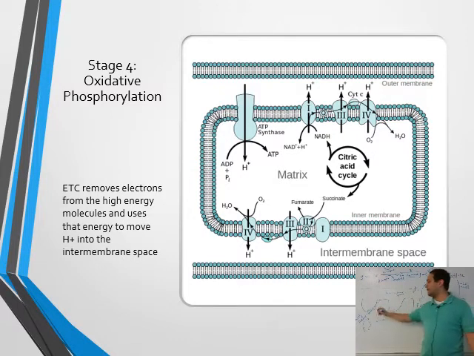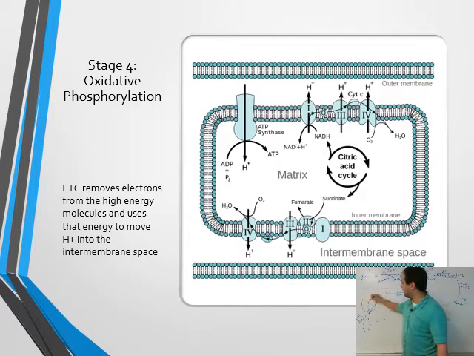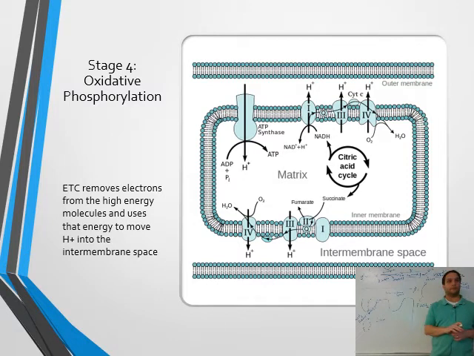The work that that electron does is it pushes hydrogen across that barrier, against the gradient. That's where you're using the energy, because we're going to build a hydrogen gradient over here. Would this be an example of primary active transport? Yes, this is primary active transport. That's exactly what this is. So you see where it's all coming together, right? That's why I had to teach you all that other stuff to get through this.